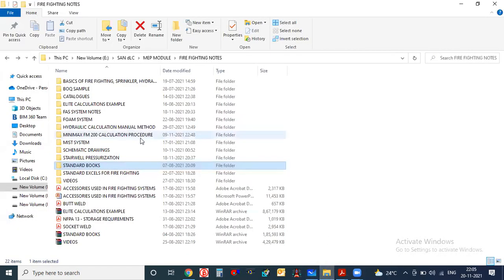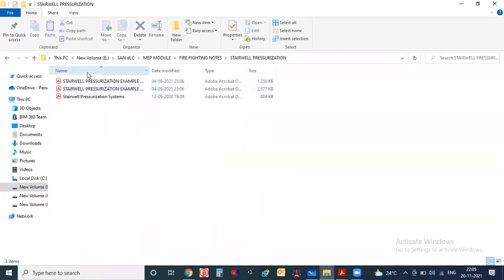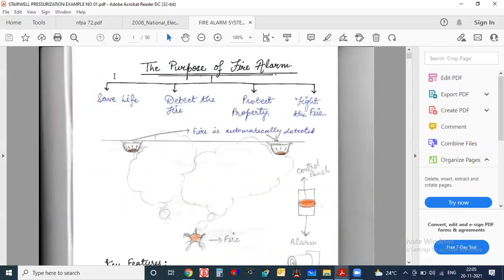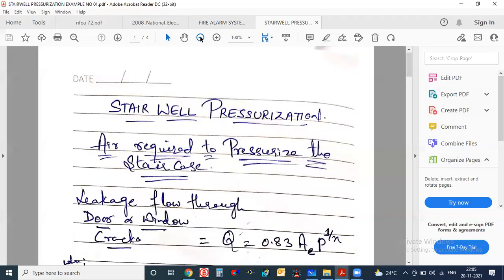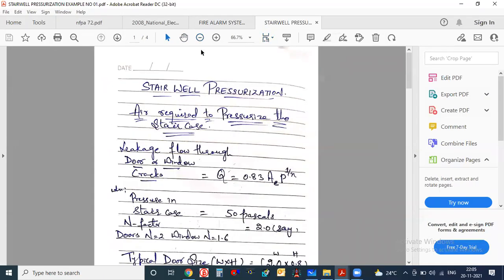After that, something here about the stairwell also. I've just taken two examples here. Basically, stairwell pressurization. Here we have to protect the stairwell and maintain positive pressure.